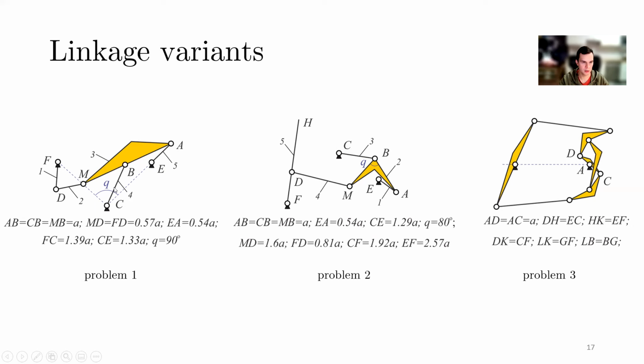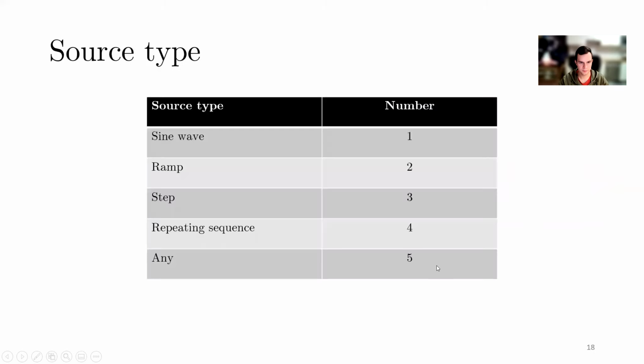For example, this one obviously is not able to do the full rotation, so it's not good enough for the crank. Here also the link HF is not good enough for the crank side, since it's not able to do the full rotation. So I believe that EA is the only one. Here also it's pretty obvious that DAC is the input one. All right, so those are the problems.